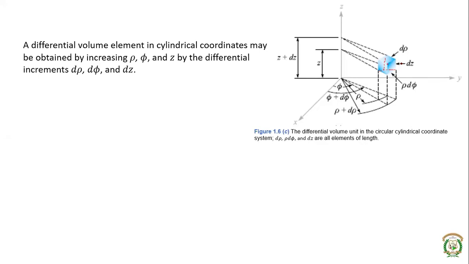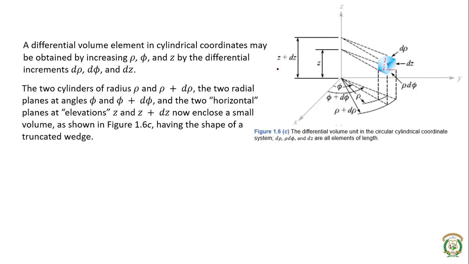So what is the change in the lengths? Now with this, if you join all these lines, you will get a small volume element. That is the differential volume element. Rho is increased by d rho, phi is increased by phi plus d phi, and z is increased by z plus dz. Now, what are the lengths of this particular volume element?